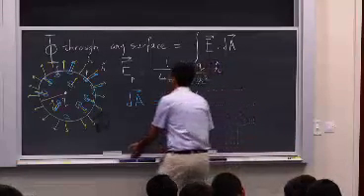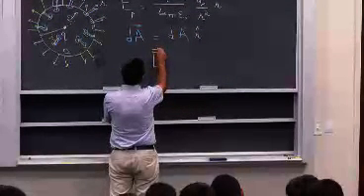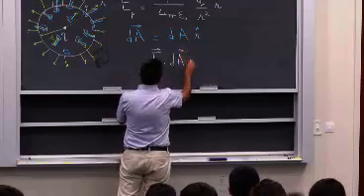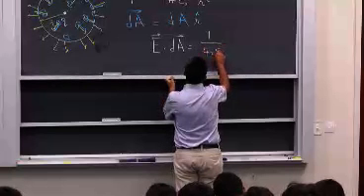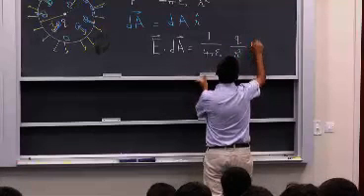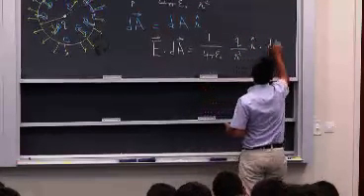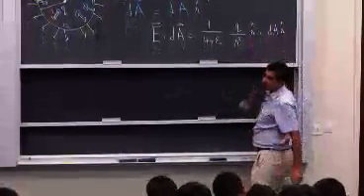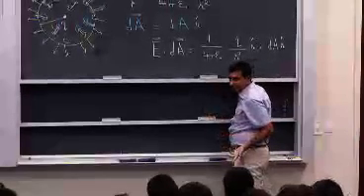If I construct the dot product for each patch, E dot dA, this is simply going to be equal to 1 over 4 pi epsilon naught Q over R squared, R unit vector dotted with dA R unit vector. So what's the dot product of a unit vector with itself? Just one.